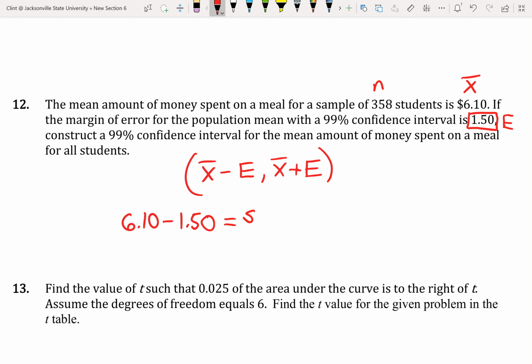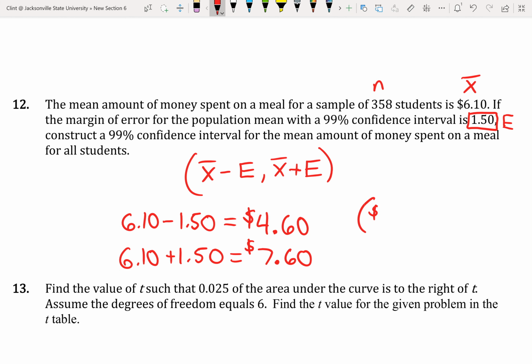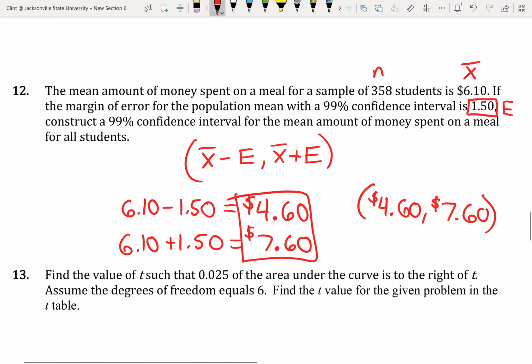We get $4.60 as our lower estimate, and then $6.10 plus 1.50 gives us $7.60 for our upper estimate. And if you want to write it like the interval, you can, or you can just do the two endpoints. Either one's okay. Hawks will get you to put it in like this, so you get the two answer boxes, but you can write it as an interval also. Either way is fine.